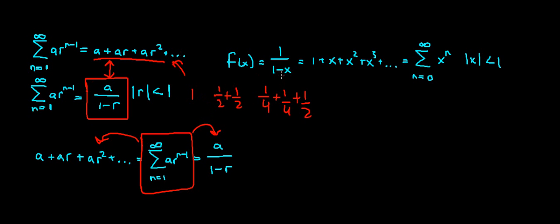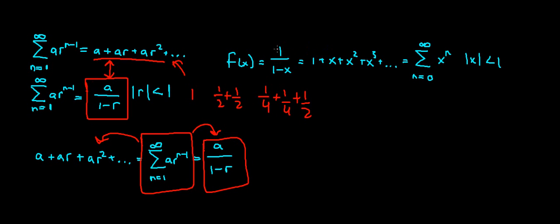So the idea now applies to functions we are more accustomed to seeing, something like 1 over 1 minus x. f of x is equal to 1 over 1 minus x. If I look at this formula right here, I can see that I could write this as a geometric series, where a is equal to 1 and x is equal to r.